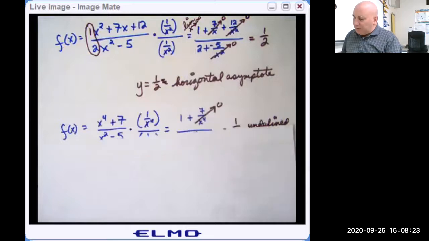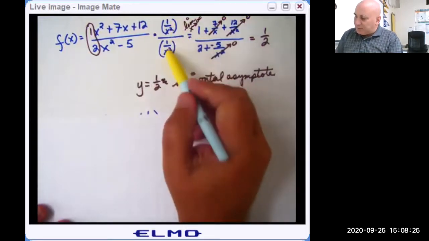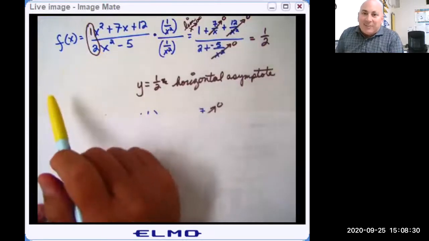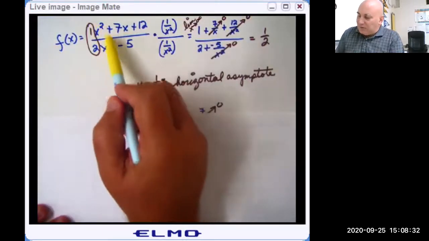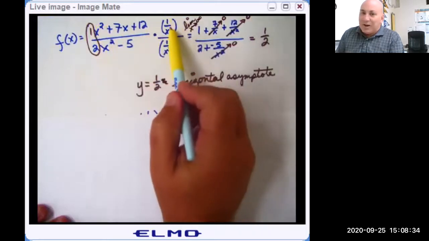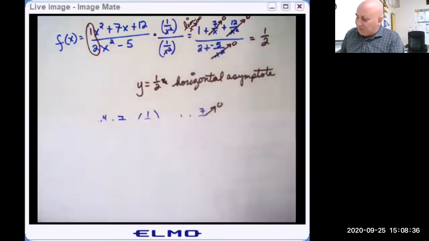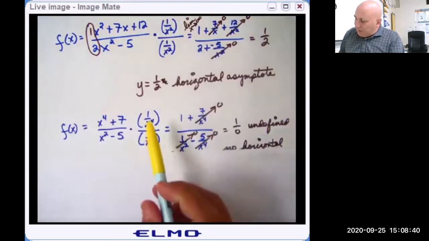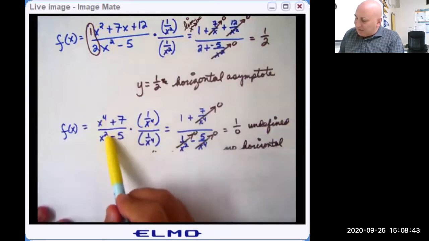So how do you know what to multiply by here? You're going to divide by the highest power of x that you see. Here it was x squared, so we multiplied by 1 over x squared, which is the same as dividing by x squared. Here, the highest power of x that I see is x to the fourth.